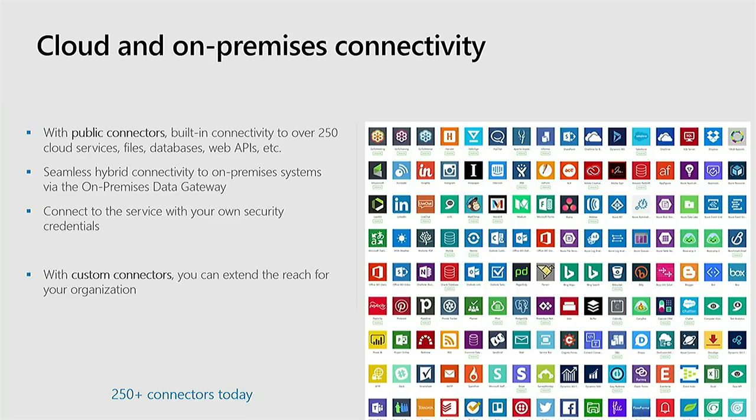So you get access to a bunch of data sources out of the box, and that quickly speeds up the time that you need to spend building apps and building flows. And if you don't have a connector out of the box, you can also build your own custom connectors. And tomorrow I have a talk where we can go through the process of how you create custom connectors as well.